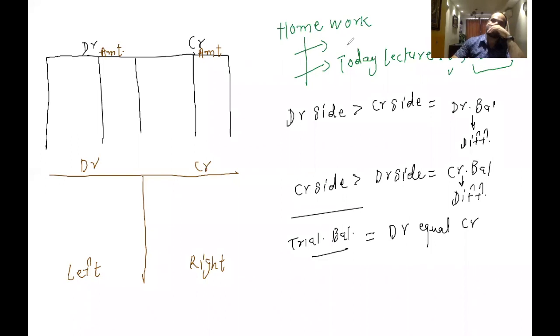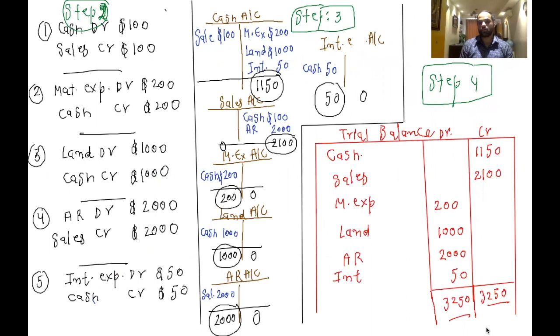And your last homework, you already did the journals for it, right? So now you have to make the ledger and trial balance. I think if you do that, you have enough practice for step 3 and step 4. And obviously, if your balance does not match, it means you made a mistake somewhere.